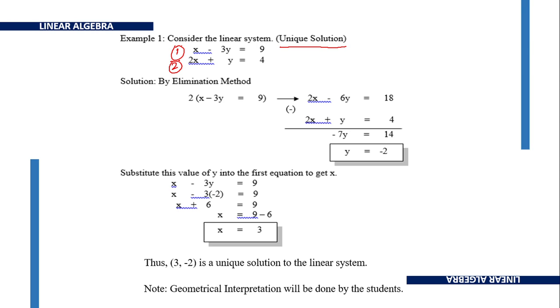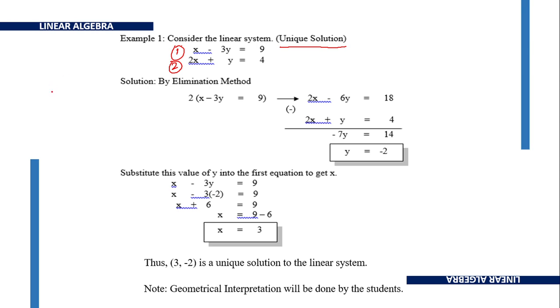Kung anong gusto nyo, okay lang. Pwedeng i-eliminate natin yung x para makuha natin yung value ng y, or pwede natin i-eliminate yung y para makuha natin yung x. Sige, gawin natin. I-rewrite ko na lang dito para mas makita nyo kung paano siya nangyari.